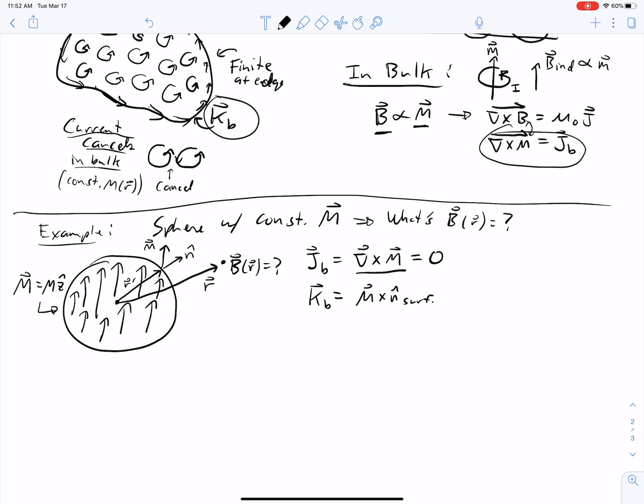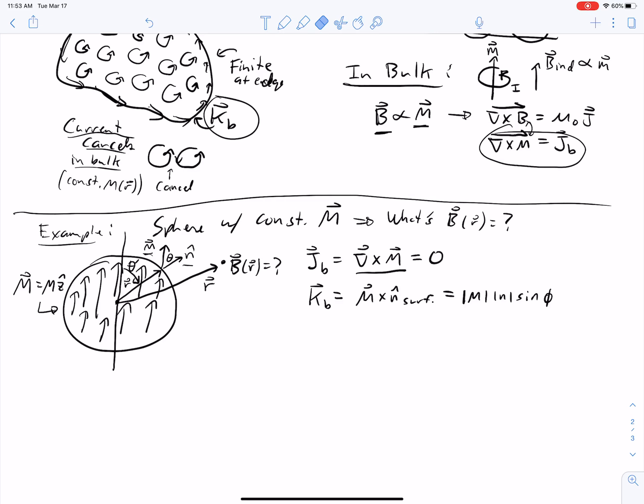That's M. And let's draw our axis here. This angle is theta in spherical coordinates. And so I see that this angle is also theta. And so I see that M cross N, for these two little vectors here, is pretty easy. M cross N is equal to the length of M times the length of N times sine theta between them. And did I say theta?